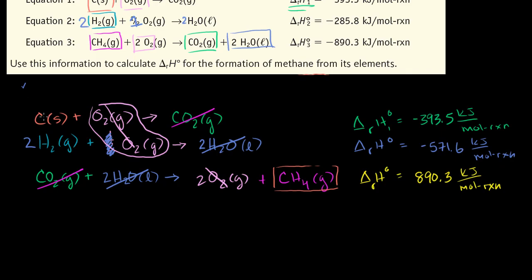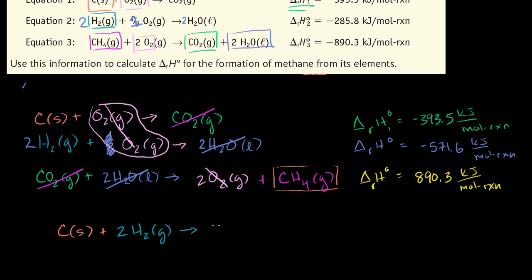Well, we have some solid carbon as graphite, plus 2 molecules of molecular hydrogen gas, yielding, all we have left on the product side, some methane gas. So it is true that the sum of these reactions is exactly what we want.